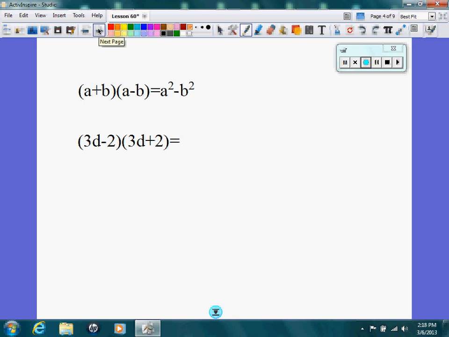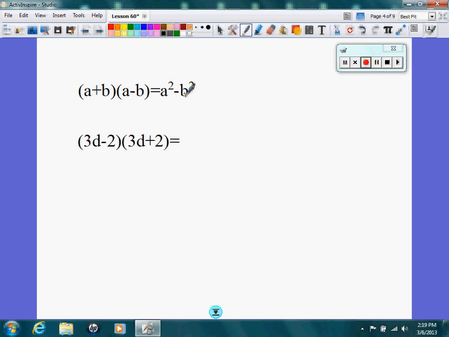Okay, so what about the product of the sum and difference of two numbers? So you've got a plus b times a minus b. Well, if you were to FOIL this out, you would get a squared, and then you would get minus ab for the outer terms. You get plus ab for the inner terms, and they would add together and give you 0ab, and then last times last would be plus times a minus, which is minus b squared.